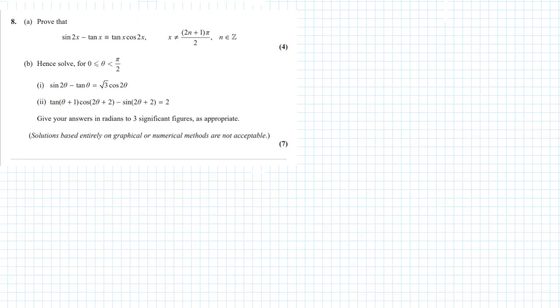Question number 8, part A. Prove that sin 2x minus tan x is equivalent to tan x cos 2x.